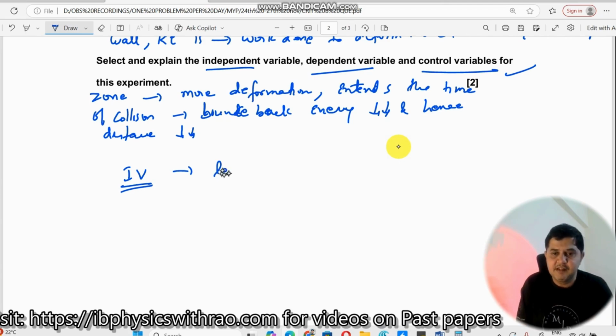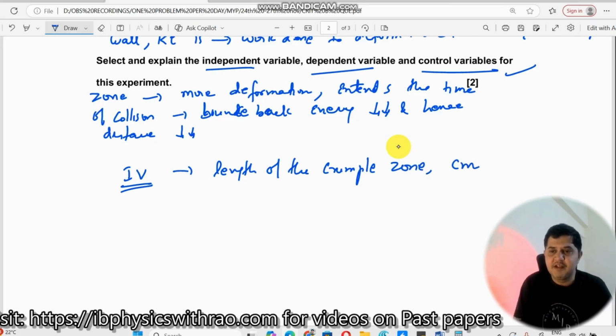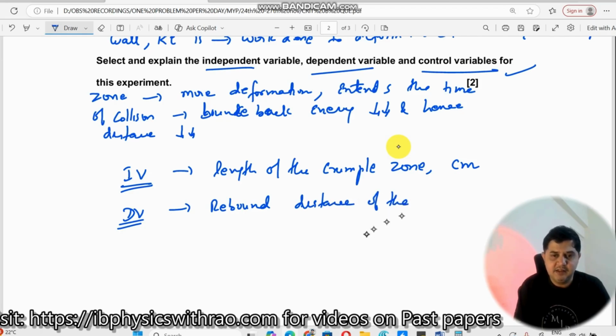You can say length of the crumple zone measured in centimeters. So this is your independent variable. Now what's your dependent variable? Dependent variable would be rebound distance of the car after collision.